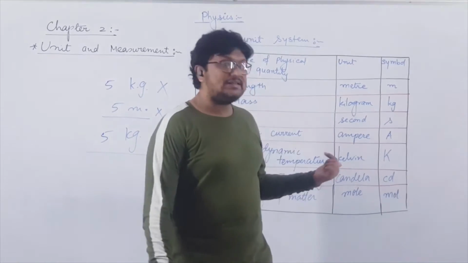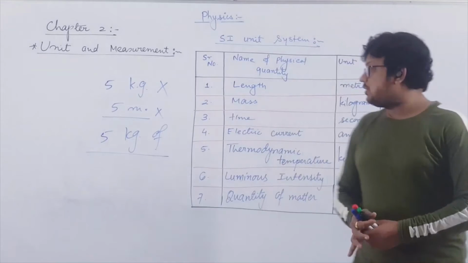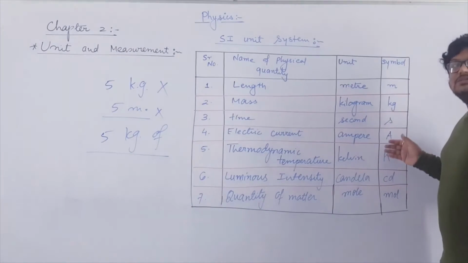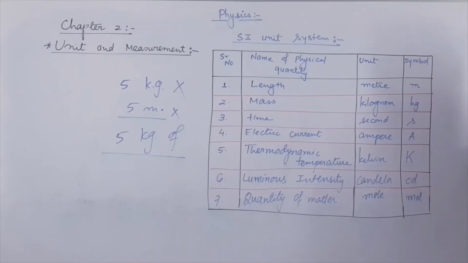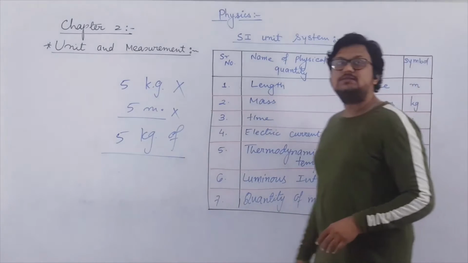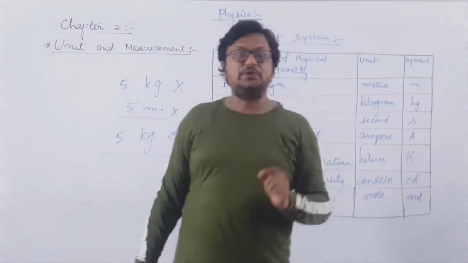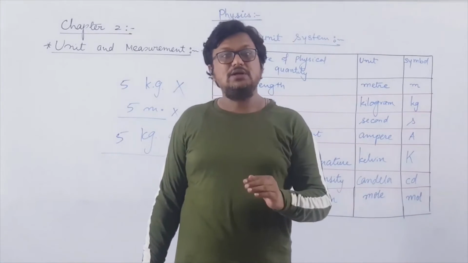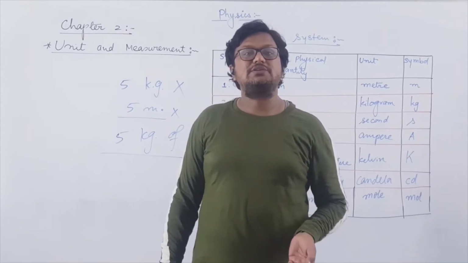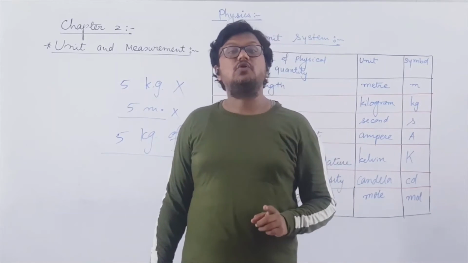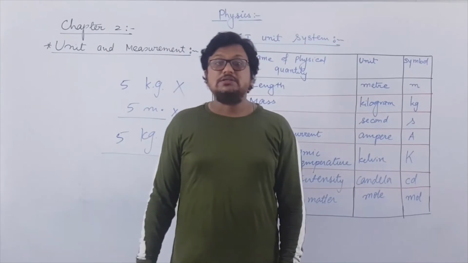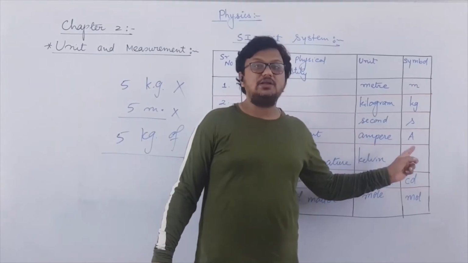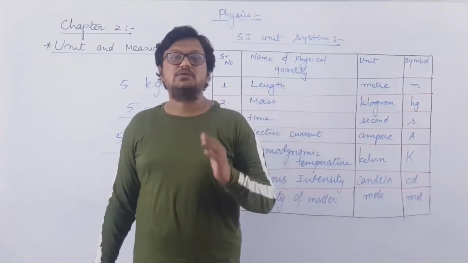Now if you see in this table, you will find that some symbols are in small letters, while some symbols are in capital letters. Now the reason behind this is that if a unit is named after the name of a scientist, then its symbol should always be a capital letter. Say for example here, electric current is ampere, capital A, because ampere is the name of a scientist.